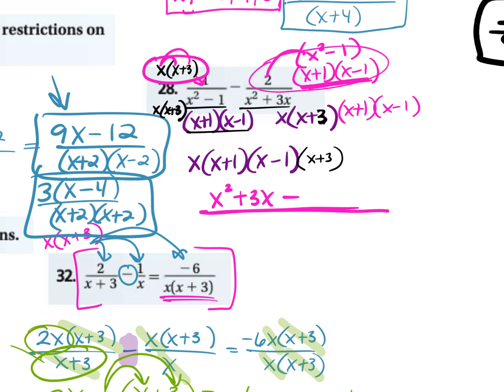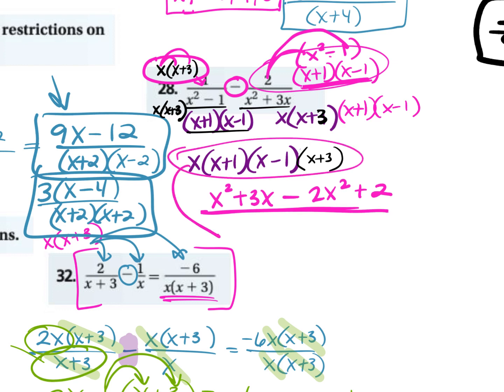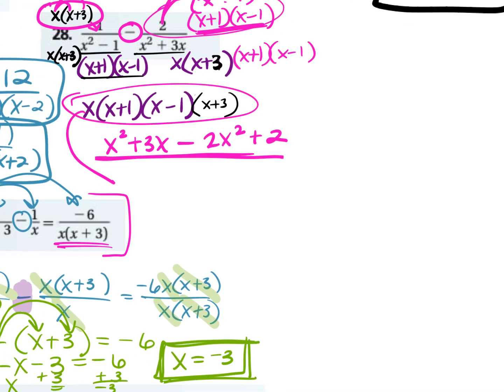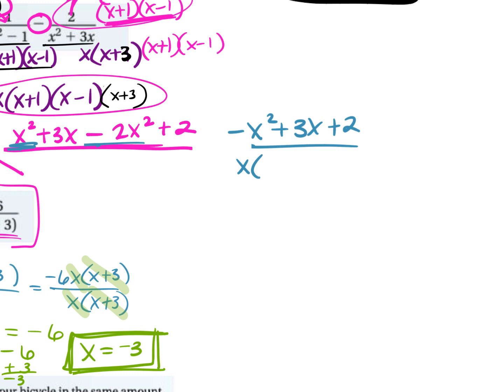So minus 2x squared, and then minus a negative 2 is going to be plus 2, all over that huge denominator, this whole thing. So if you simplify this, x squared minus 2x squared is a negative x squared, plus 3x plus 2 over, this is just the worst, x times x plus 1 times x minus 1 times x plus 3.